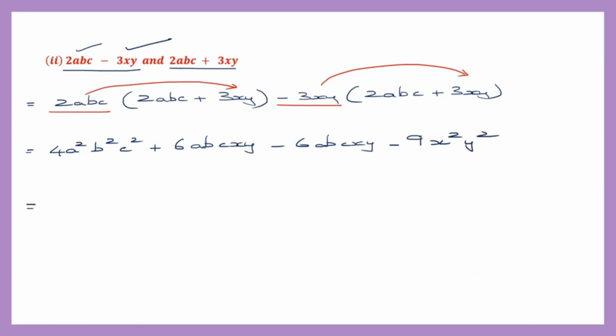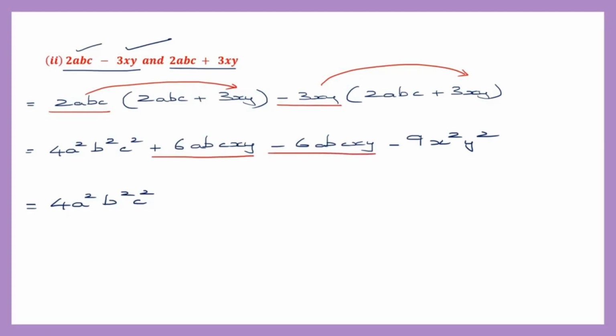Now let's write our answer. 4a square b square c square. Now look at these two terms. They are like terms because they have the same variables a, b, c, x, y. So they are like terms, so we can add or subtract them. So now let's see. Here we have plus 6.